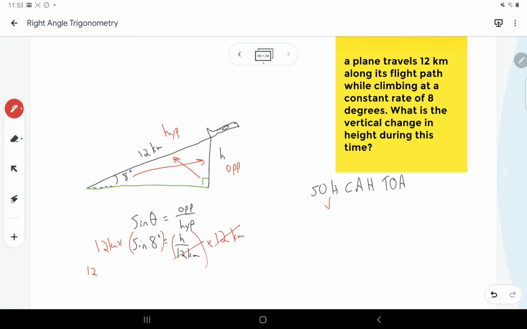We've got 12 kilometers times the sine of 8, which is 0.1392. And that's our h. And then we can multiply those together for our final answer. We get 1.7 kilometers is our height. So it has risen 1.7 kilometers over that distance.